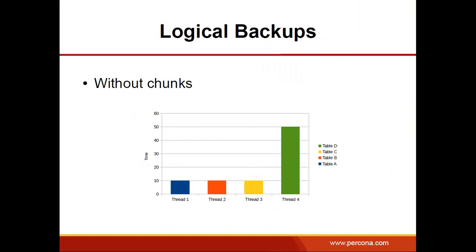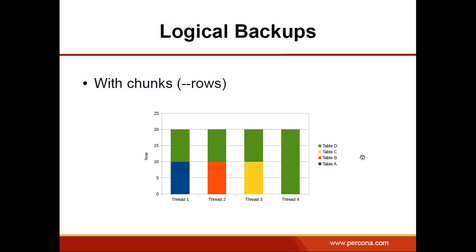For example, if you are not running with chunks, in this case a really simple example, not a real one, imagine that you have 4 tables and you are running with 4 threads. In this case, each thread will take care of one table, and we have one that is really bigger than the others. In that case, at the end, only one thread will be taking care of this table.